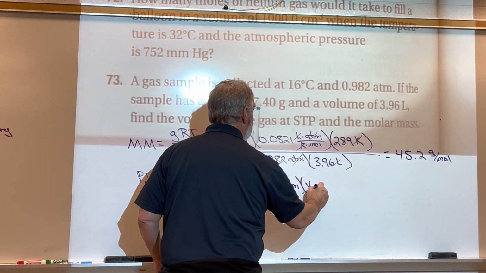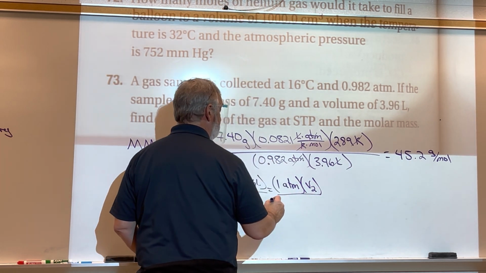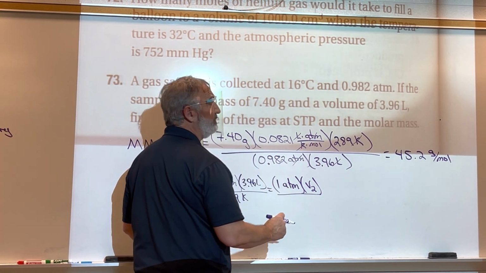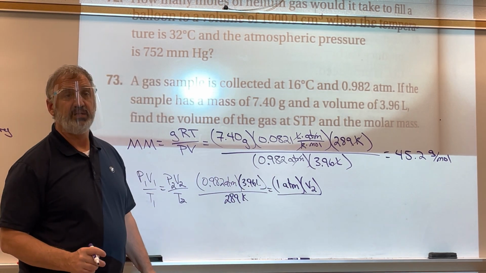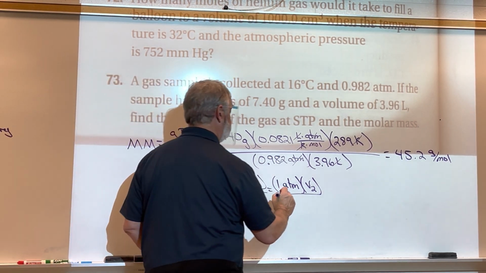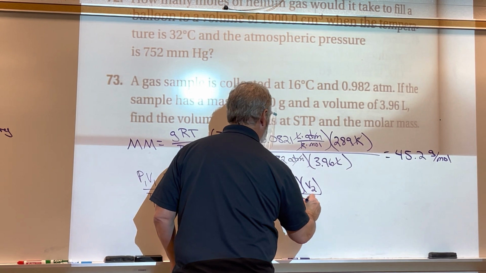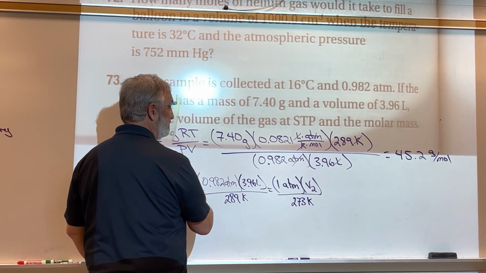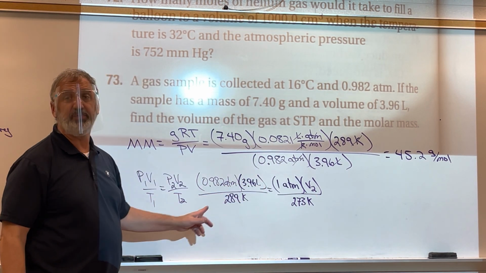We're looking for the new volume. The new temperature, what's the temperature at STP? 273. So the reality is we just have to bring the 273 up here because we don't really have to divide by 1.